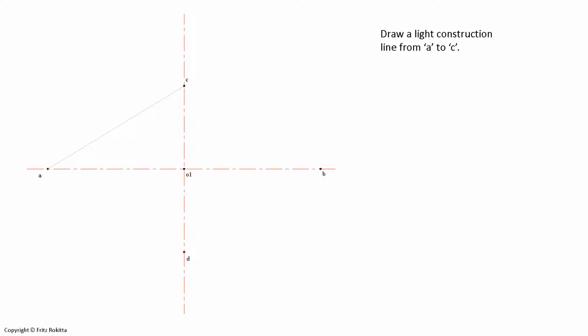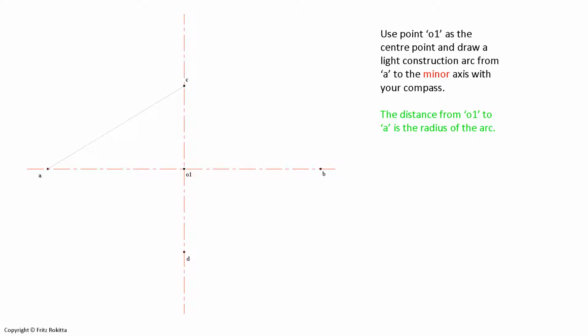We start our constructions by placing our ruler at point A and lining it up with point C, and draw a light construction line from point A to point C. For the next step, we will place our compass at the center point O1 and stretch it all the way to point A on the main axis.